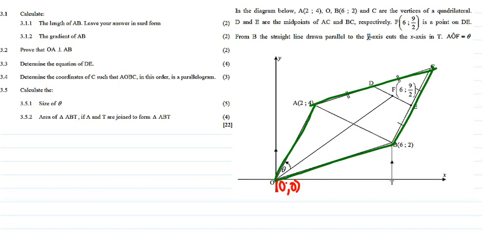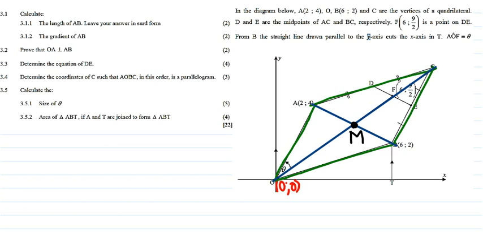What are the diagonals here? The diagonal AB and the diagonal what? OC. You with me there? So the diagonal OC must bisect the diagonal AB. So in other words, they must share a midpoint. Let's call this midpoint point M.